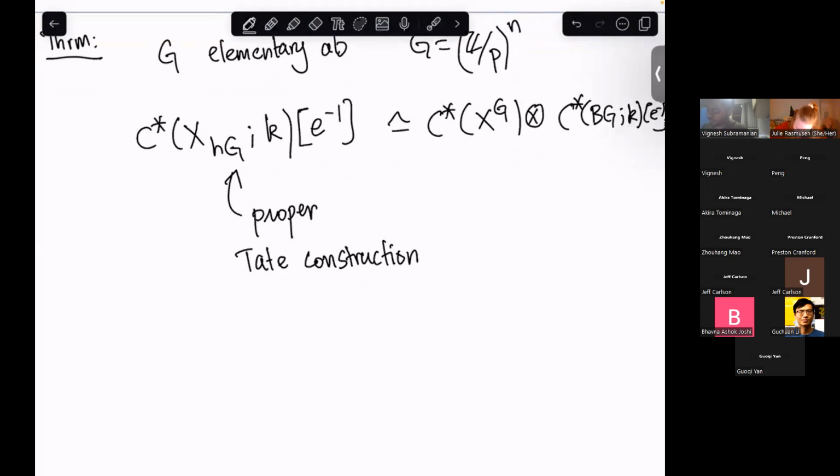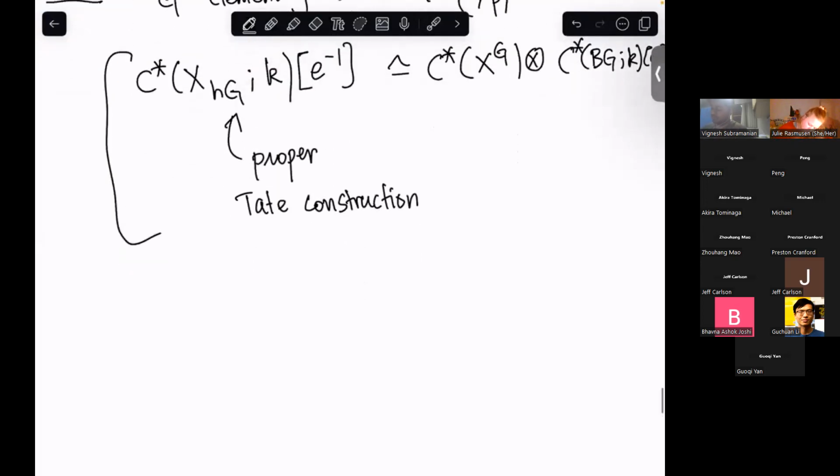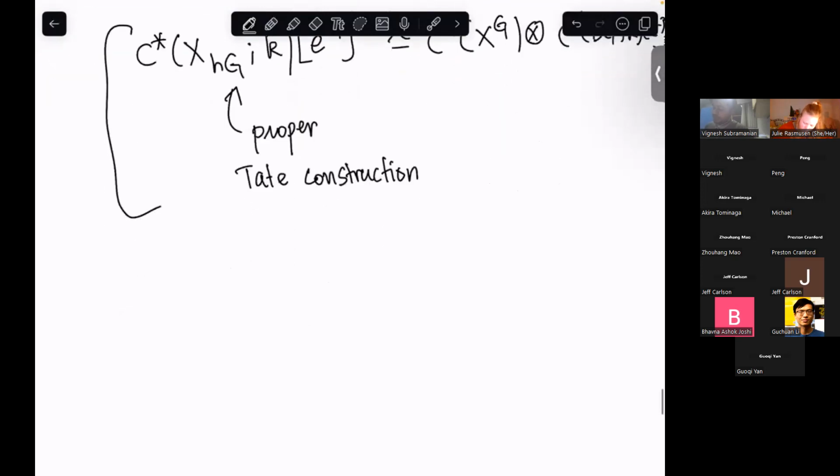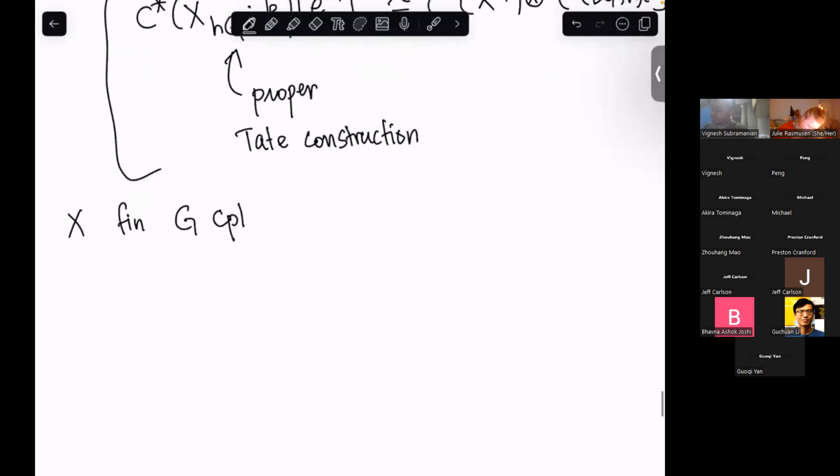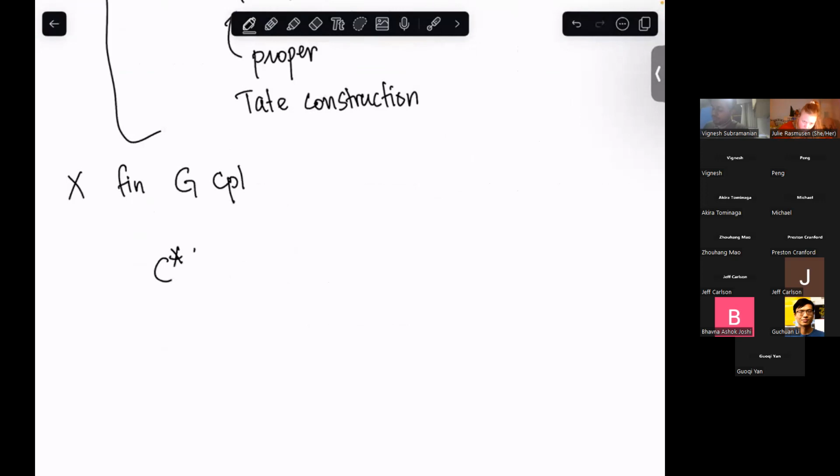So what is the theorem that we prove? I mean, this is not part of the theorem, so maybe there is a lifting of the localization theorem. I wanted to mention this. But the theorem that we have is: whenever G is an elementary abelian group and X is a finite G-complex, then you take the equivariant cohomology. So this is your recipe. And you take the localization.